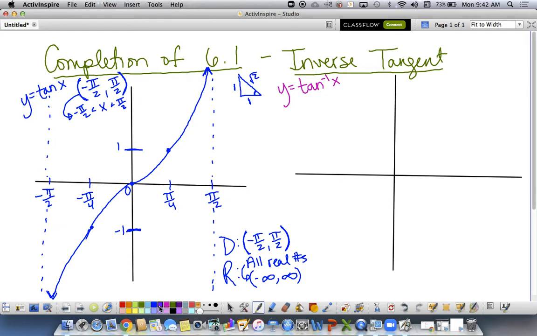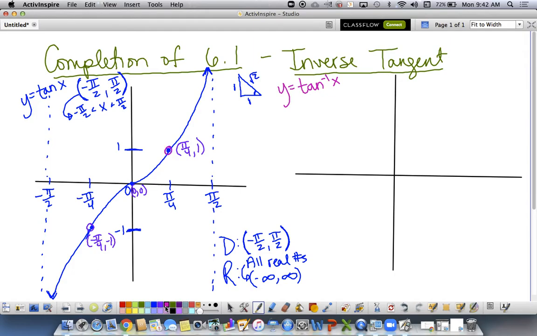If we had points, do we have points over here? Could we go ahead and write the coordinates? Yeah, that would be pi over 4, 1. We have a 0, 0. And then back here, this point is negative pi over 4, negative 1. Okay? Could we take each of these points and plot them on the inverse? Remember what we did with them? The x becomes the y and the y becomes the x. We simply switch.